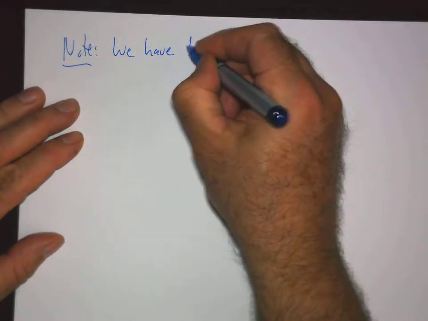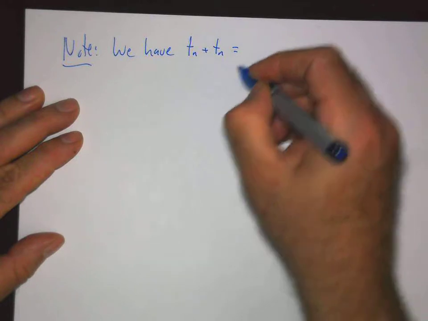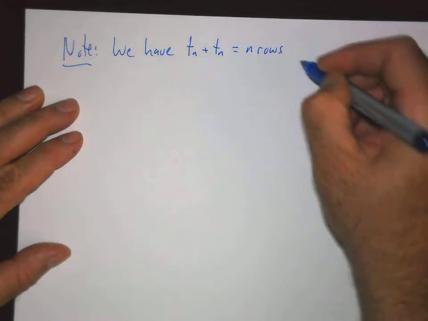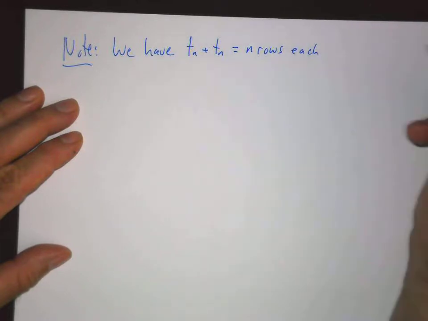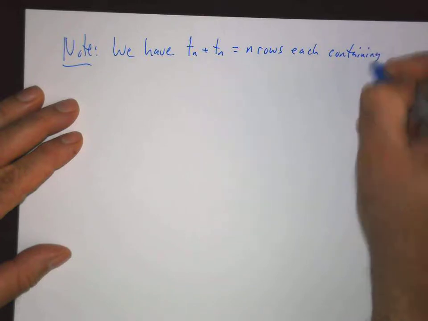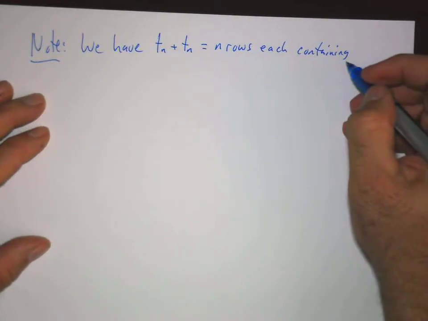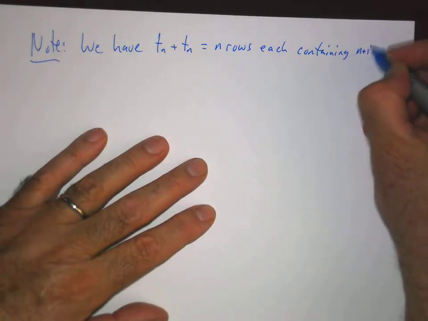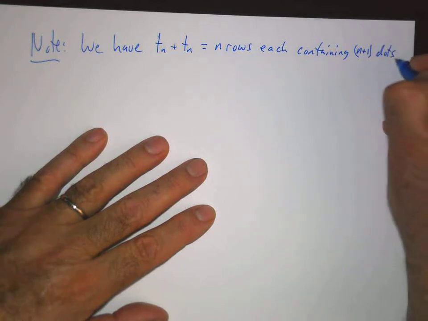We have t sub n plus t sub n equals n rows each containing n plus 1 dots.